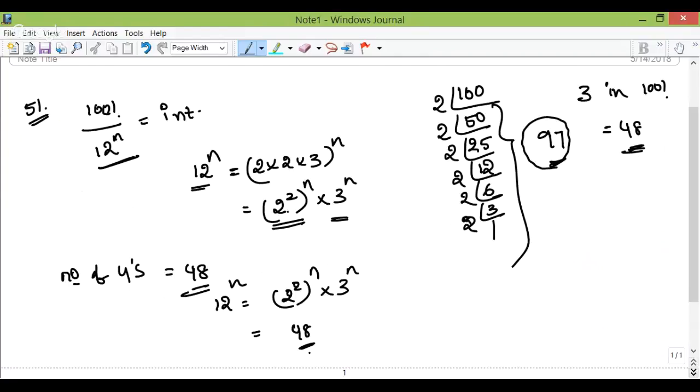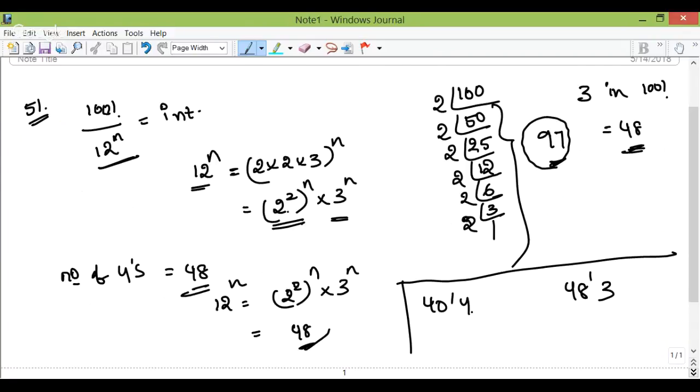Now, if this is not the case, if we have only 40 4's and 48 3's, then the number of 12's we can form is only 40, because we have only 40 4's and 48 3's.